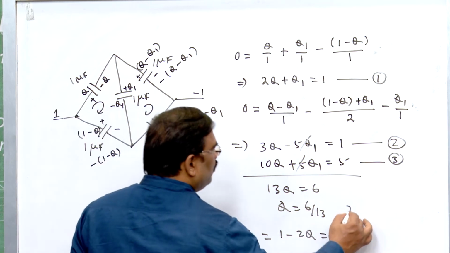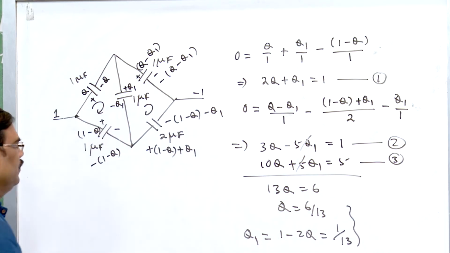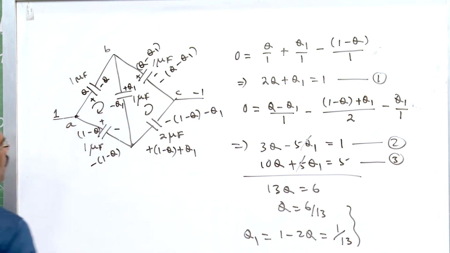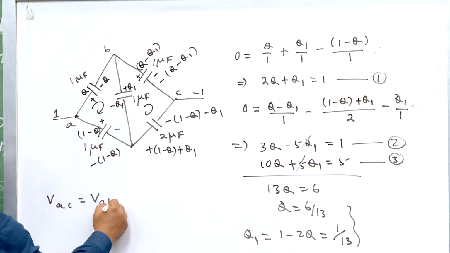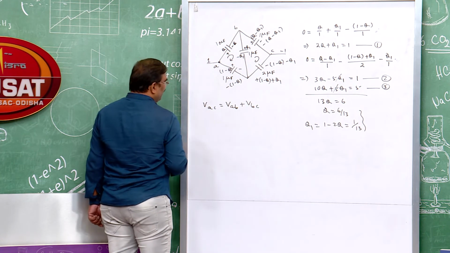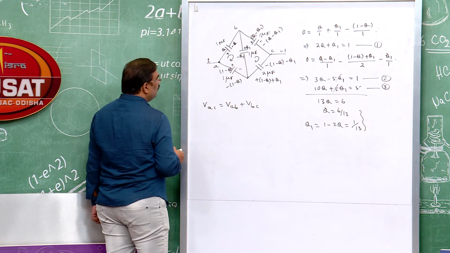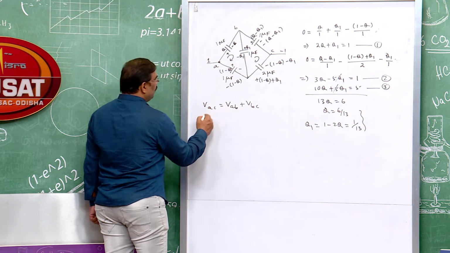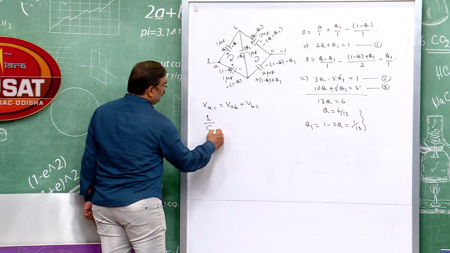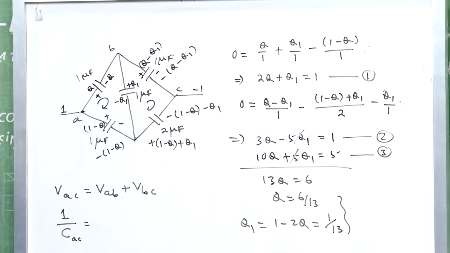Knowing the values of Q and Q1, now we can find out, suppose this is A, this is B and this is C. So, V_AC equal to V_AB plus V_BC. V_AC is Q by C_AC, where total charge is 1 and C_AC is the effective capacitance.